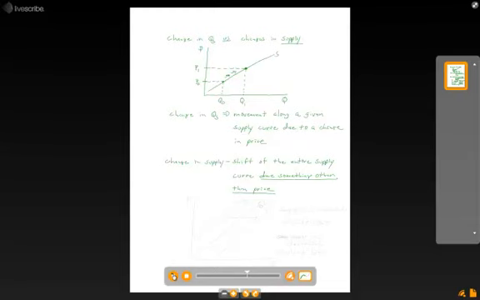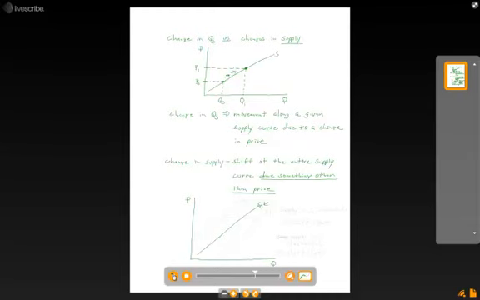So the idea is if we have an initial supply curve, from now on we're always going to put a subscript on our supply curve, call it S naught, because this 0 right here denotes our time period. Time period 0 is our initial, time period 1 is the next, time period 2, and so on and so forth.